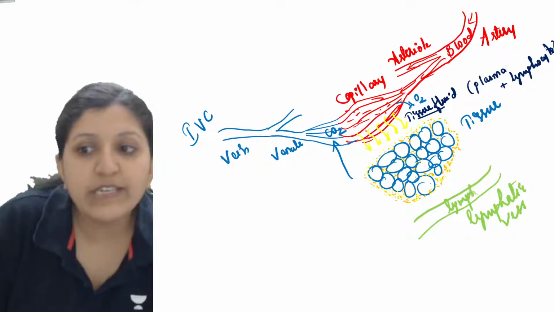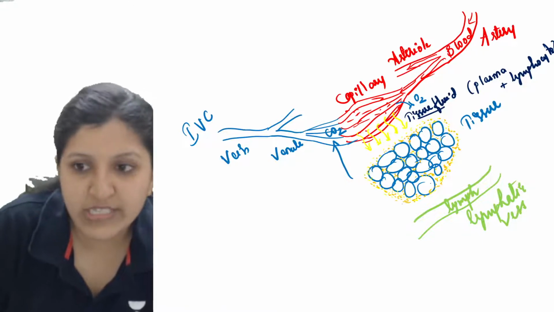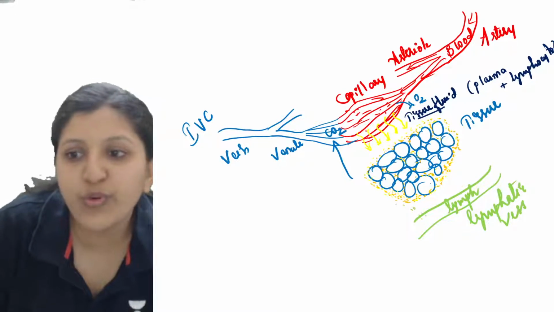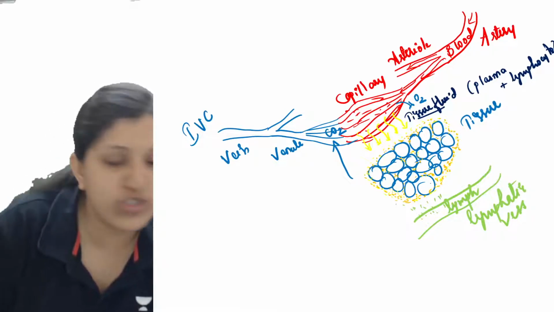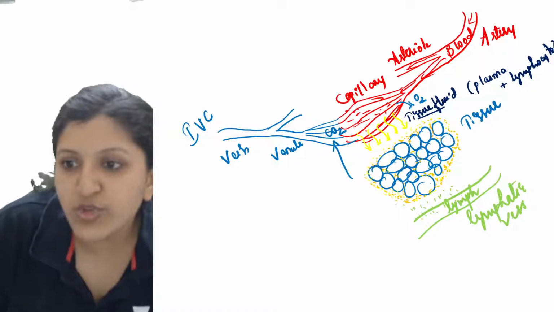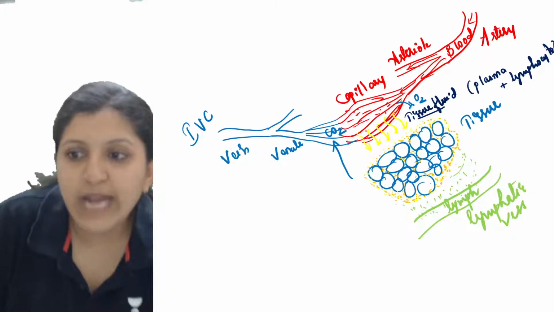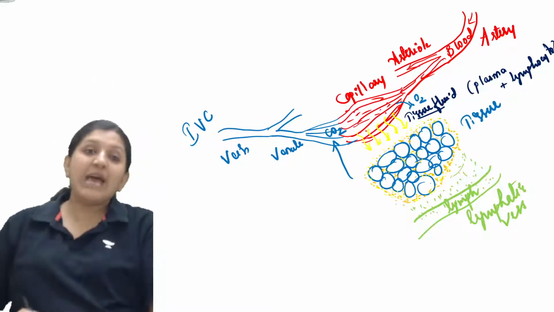So now the remaining tissue fluid will enter. After all the exchange or diffusion is done, this tissue fluid is going to enter this part, that is the lymphatic system. So what has happened?